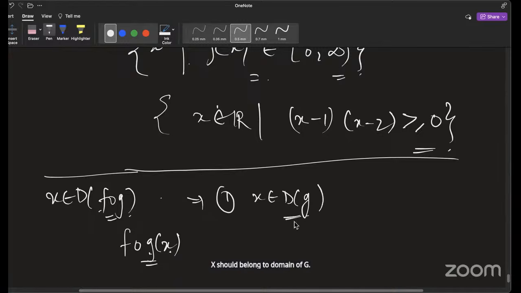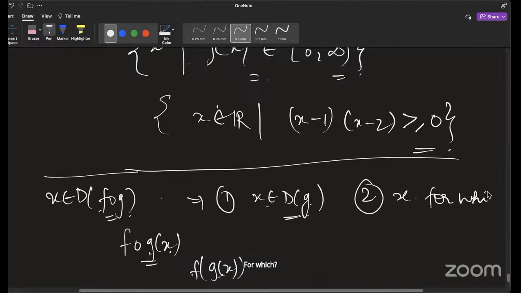That you yourself said, right? And then the second condition: shouldn't g(x) also belong to domain of f? You would need x for which g(x) belongs to domain of f, right?